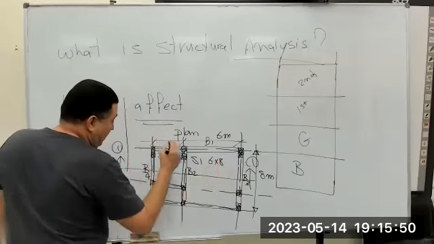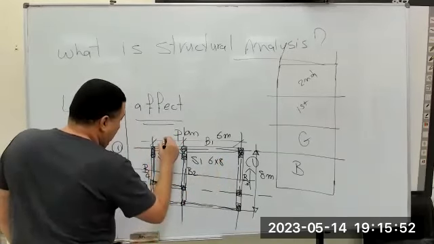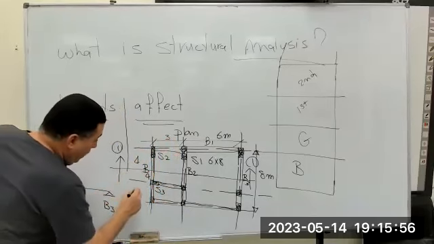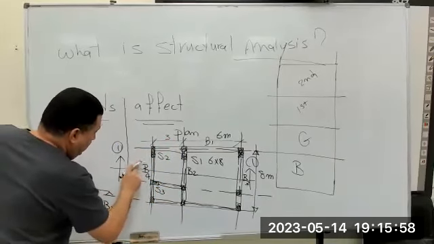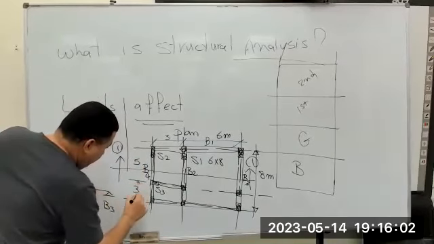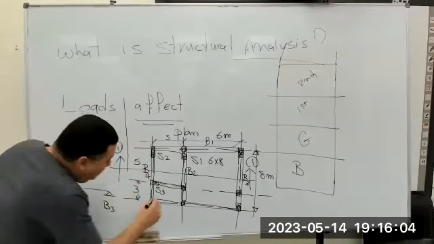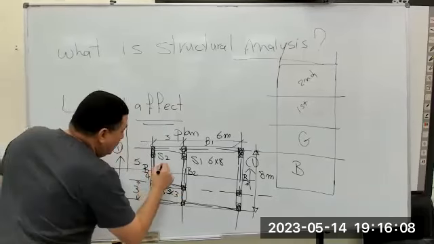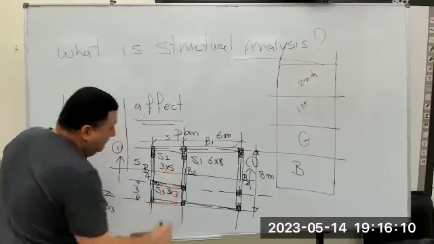And this slab is, you can say, 3, 4, 4. 3, 5, and 3. Now I have 3 multiply 3, and I have 3 multiply 5.